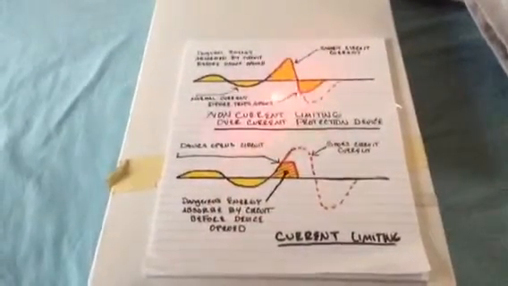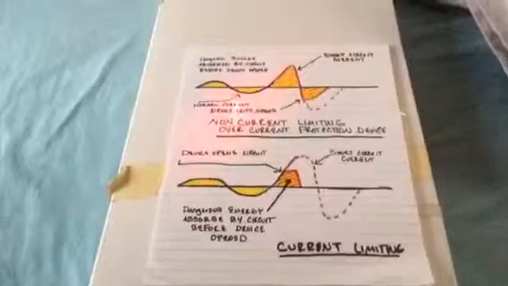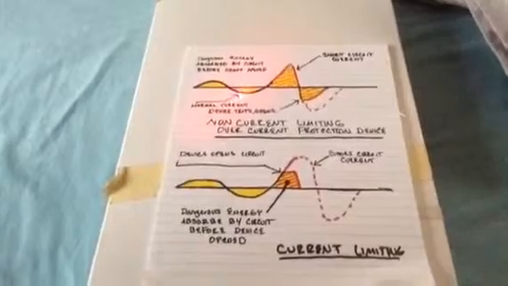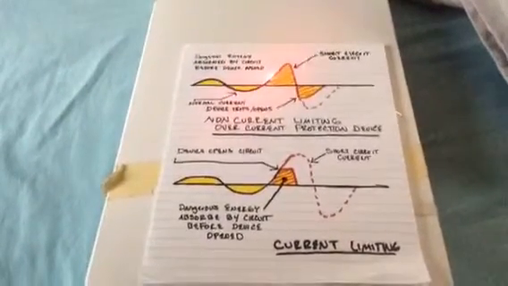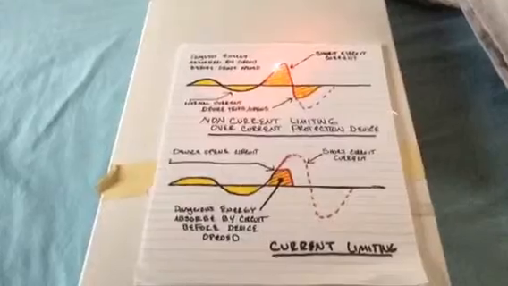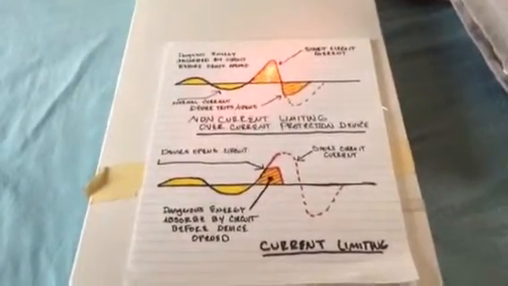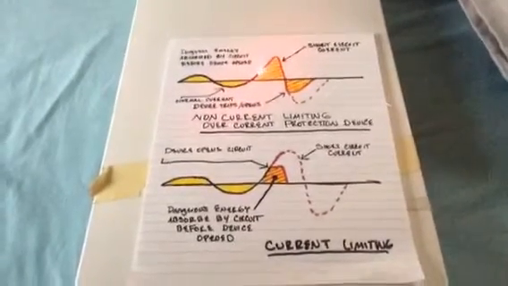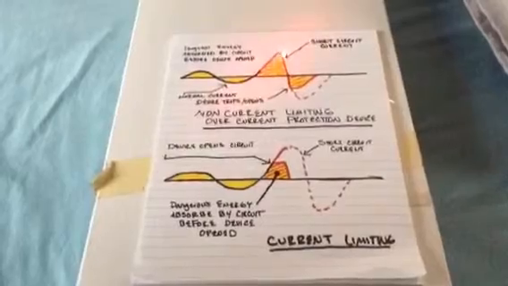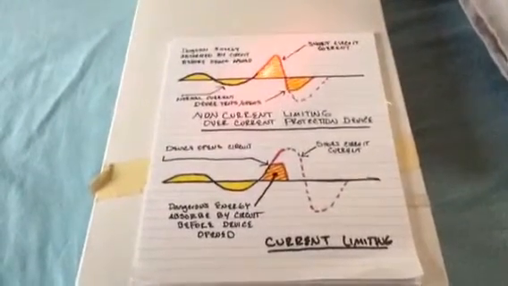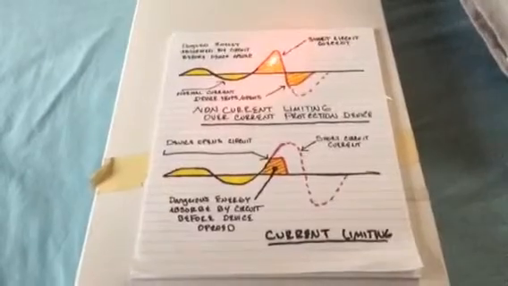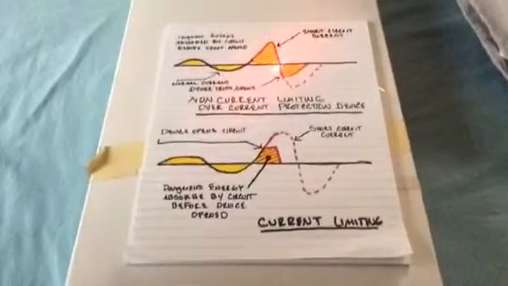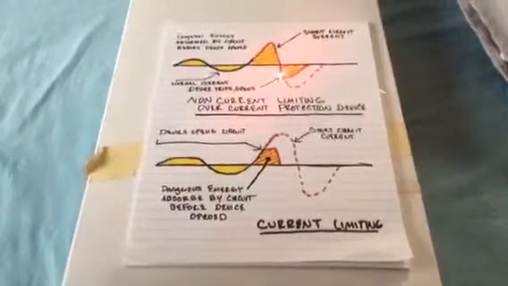As opposed to our non-current limiting device, we can see here where the current is flowing through the circuit, the current spikes again, maybe due to a ground fault or short circuit. It allows more of this current to flow because it doesn't react as fast as our current limiting device, and so more of this high current is absorbed by the circuit, which I have here put in yellow with the red lines going through, and then it goes down on the down cycle.